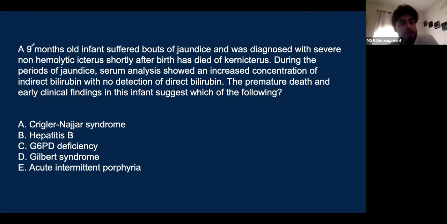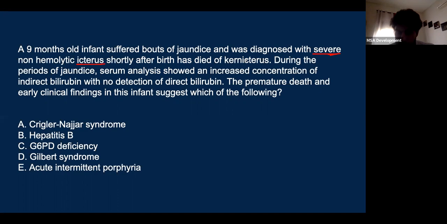So here, a 9 months old infant. Right away we're probably going to be talking about a case of Crigler-Najjar or Gilbert, because we're talking about a neonate, basically an infant. They suffered bouts of jaundice and were diagnosed with severe, and severe is important here, severe icterus, again jaundice, shortly after birth.